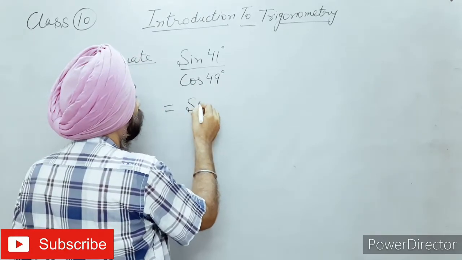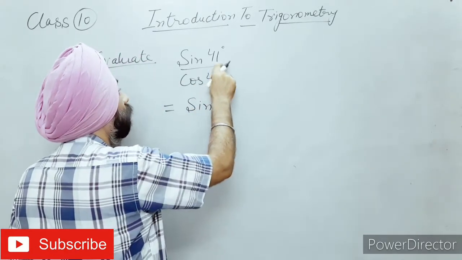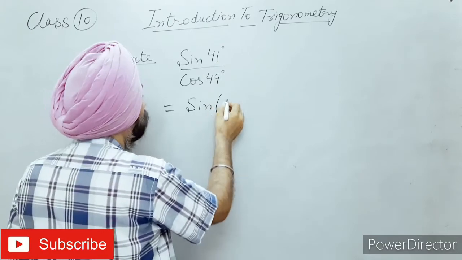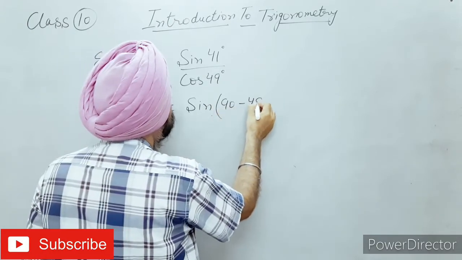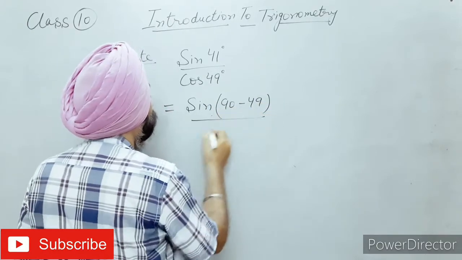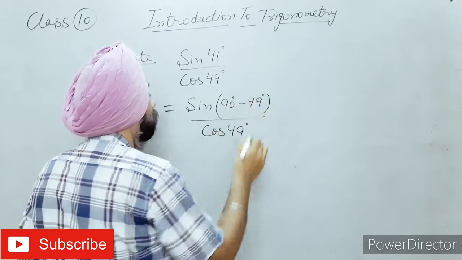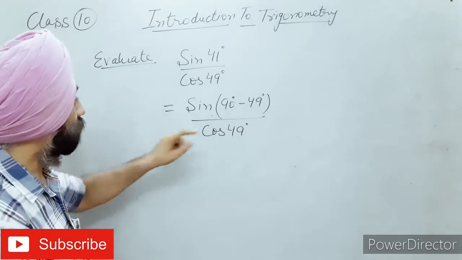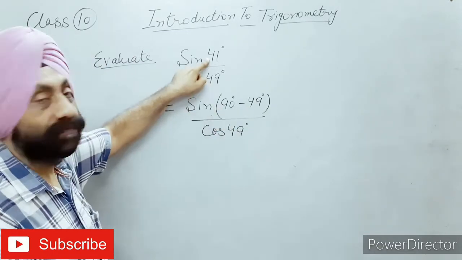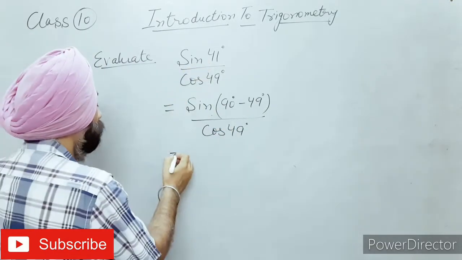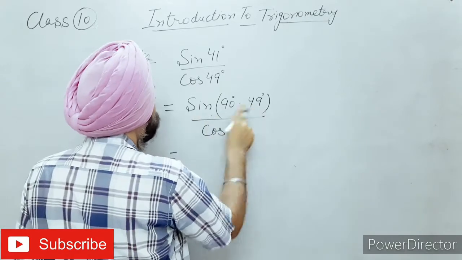Now sine numeric value is 41, so I can write this as sine of 90 minus 49 divided by cos of 49 degrees, right? I can write like this, 90 minus 49 is 41 only. Now what is sine of 90 degree minus theta?